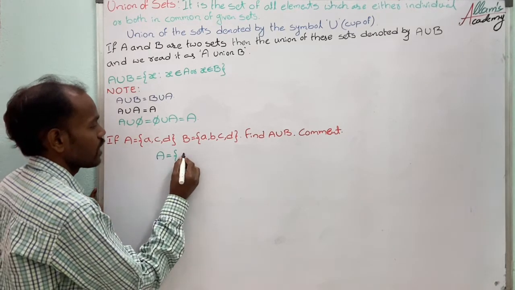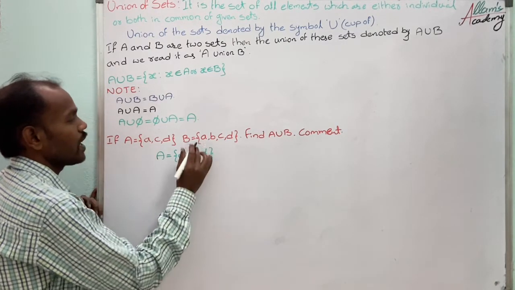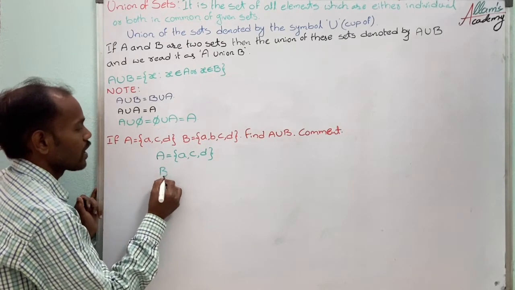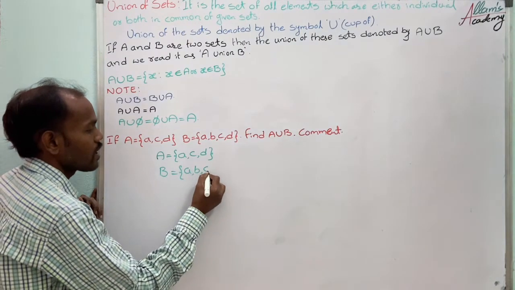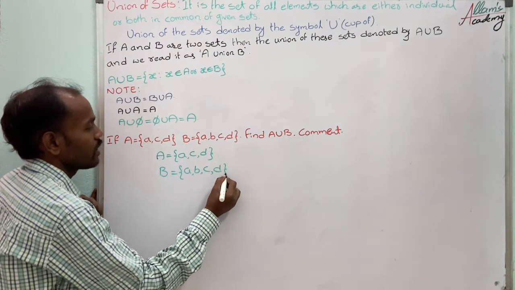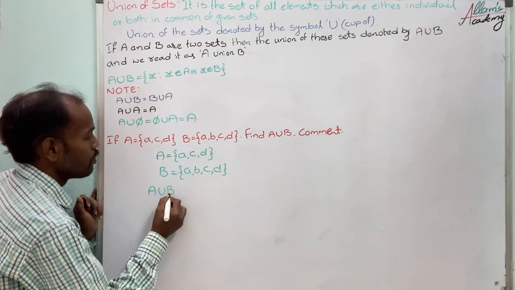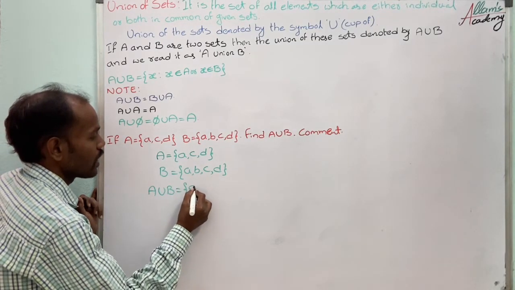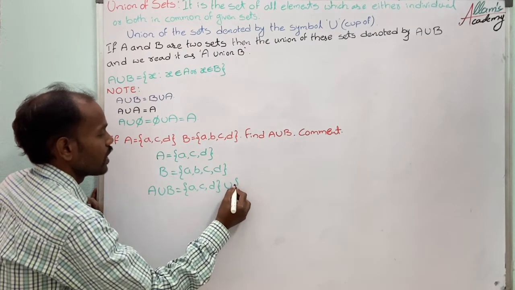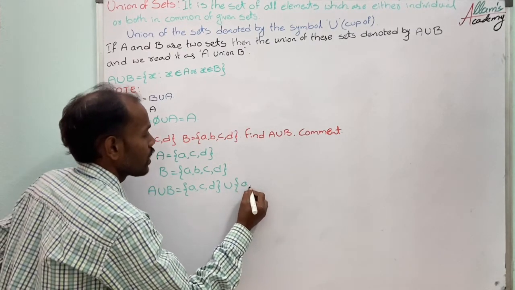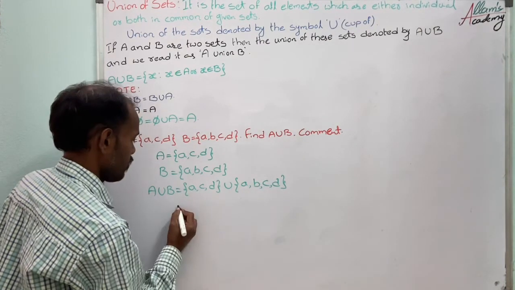The set A contains the elements A, C, D, and the second set B contains the elements A, B, C, D. Now we write A union B equal to {A, C, D} union {A, B, C, D}.